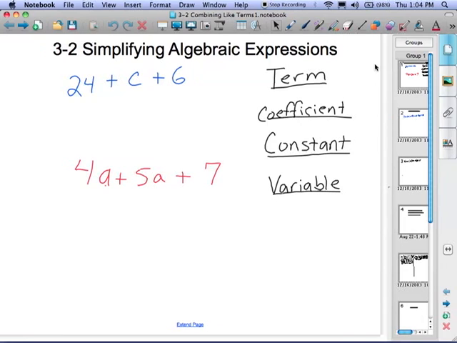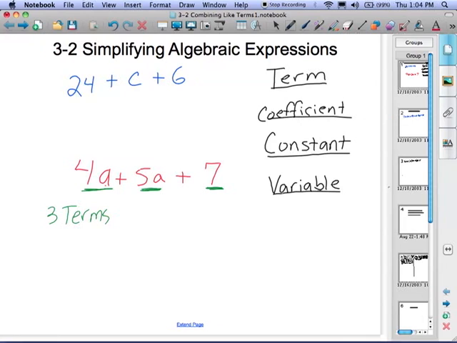through using them. Terms. We have 4a plus 5a plus 7. This expression has three terms. 4a is a term, 5a is a term, and 7 is a term. 4a, 5a, and 7 are terms.